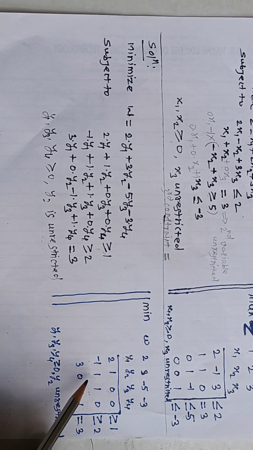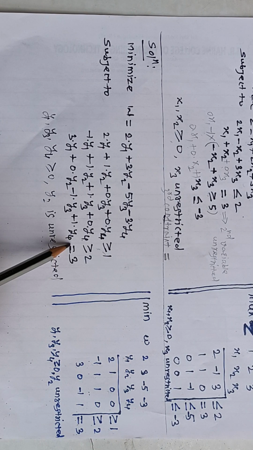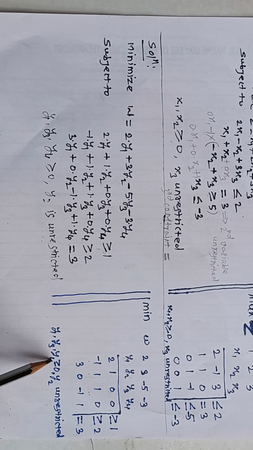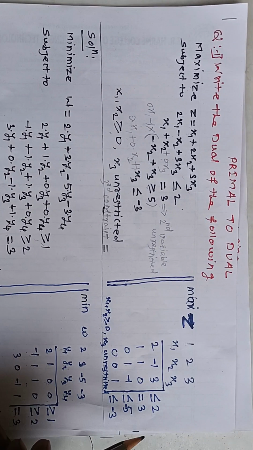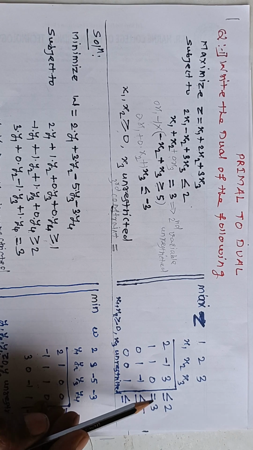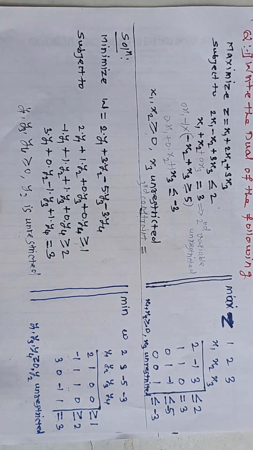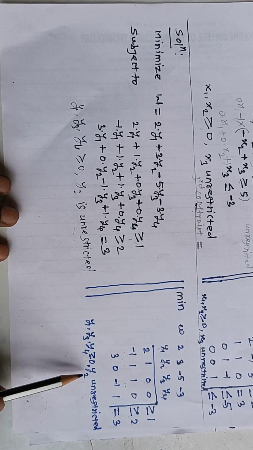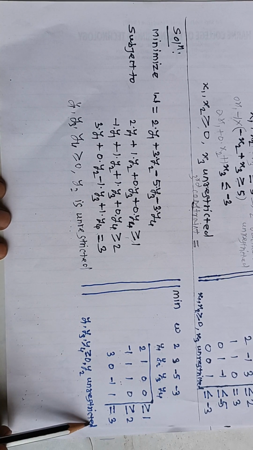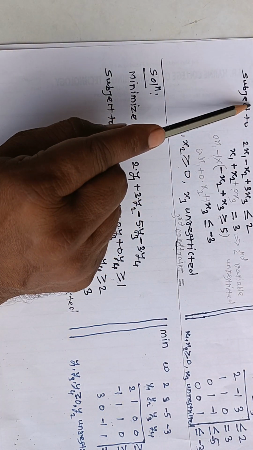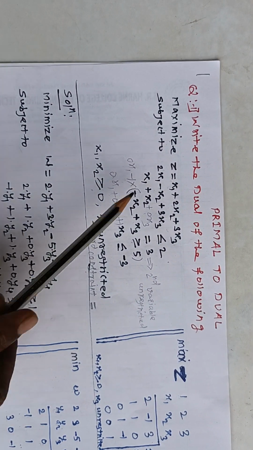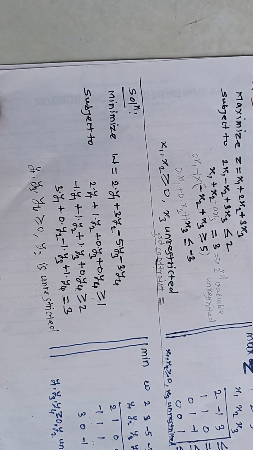Then 3y1 plus 0y2 minus 1y3 plus 1y4 is equal to 3. y1, y3, y4 are greater than or equal to 0 variables, and y2 is unrestricted because of this equal to sign, the second constraint having an equal to sign. So the second variable in dual will be unrestricted. This is the dual of the given primal. The given primal is of maximization type, given primal is maximized and dual will be minimized.